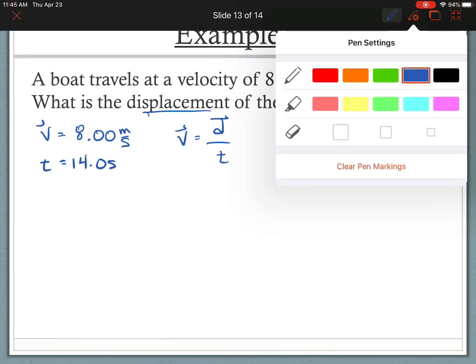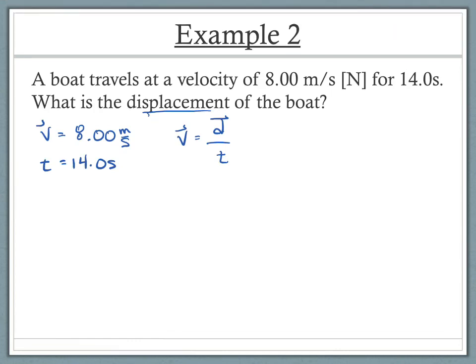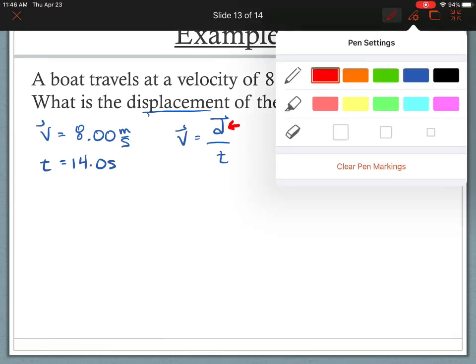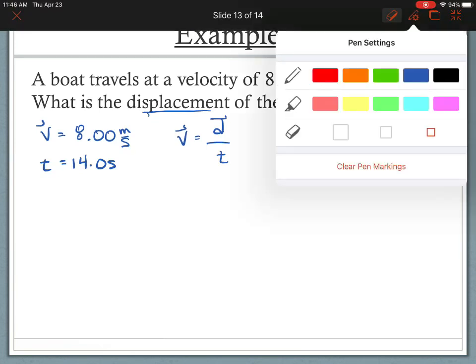I need to get displacement all by its dang self. So, again, look at displacement. It's this guy right here. What are we doing to that thing right now? We are dividing it by t. I need to do the opposite. What's the opposite of dividing? It is definitely multiplying.